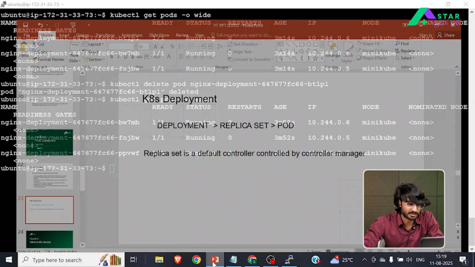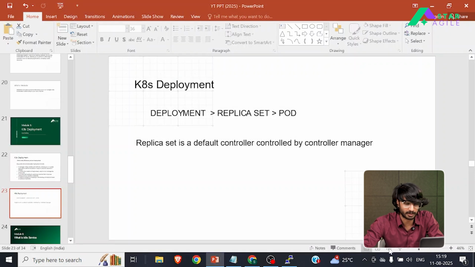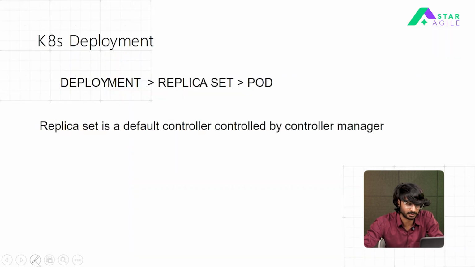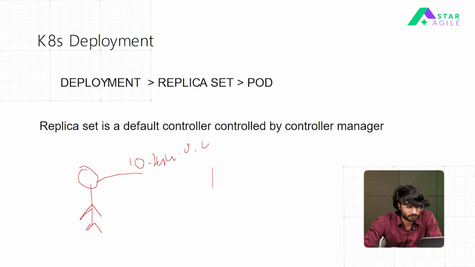So let's try to understand this. What happens if the IPs are replaced? Right, this is what happens. This is a hypothetical scenario once again. You can consider it this way. Imagine there is a user. This user is accessing the pod on 10.244.0.4, and for him, the pod was running perfectly. He was accessing this one.